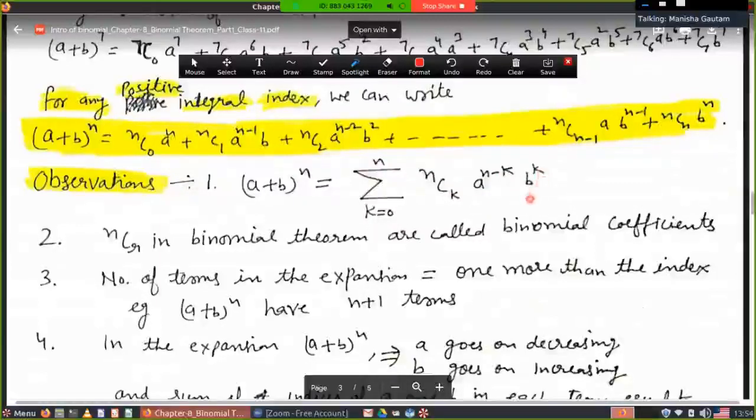The meaning of this is that if you put k equal to 0 here, you will get the first term. If you put k equal to 1, the second term. If you put k equal to n, you will get the (n + 1)th term.